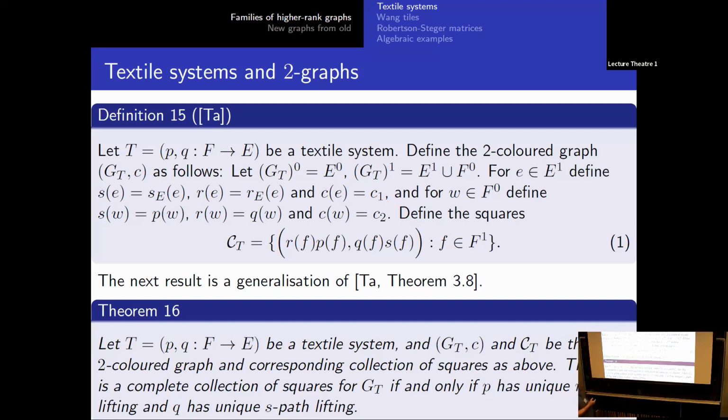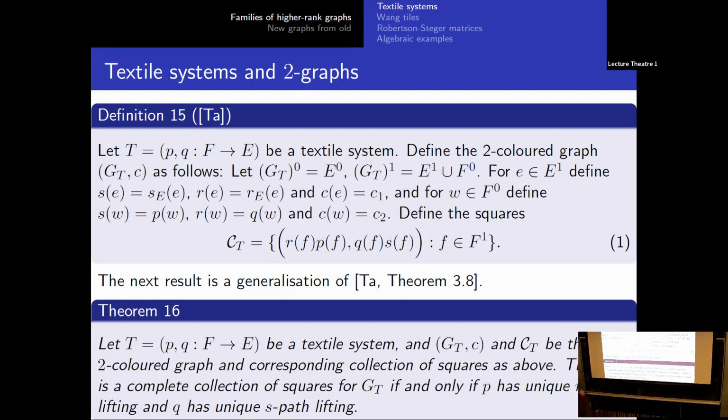So what happens if you start with just a textile system? Well, I've already given you a little bit of a hint by looking at that square. E1 edges on the top, vertices on the side. So what you do is that you define a 2-color graph, where the vertices are the vertices from E0 and the edges are edges from E1 and vertices F0.